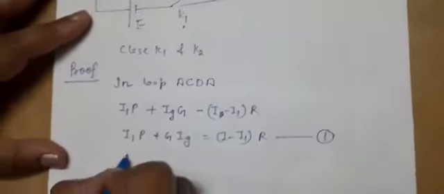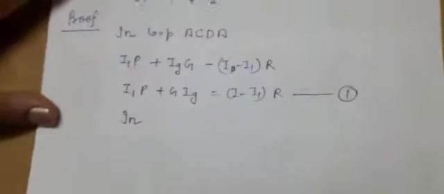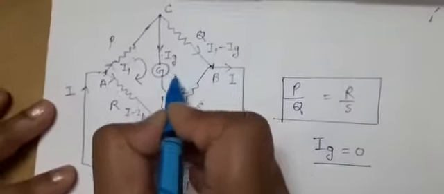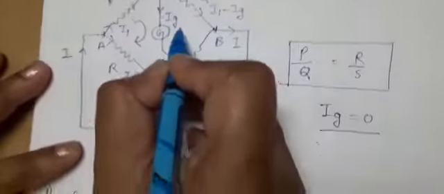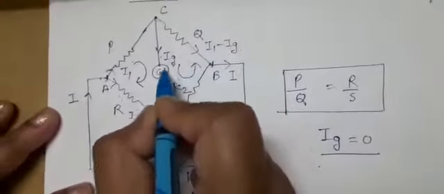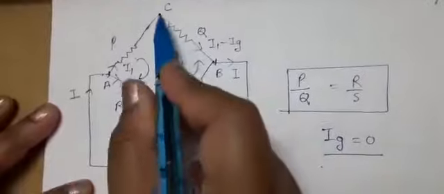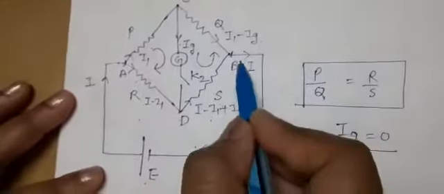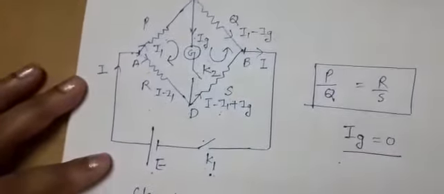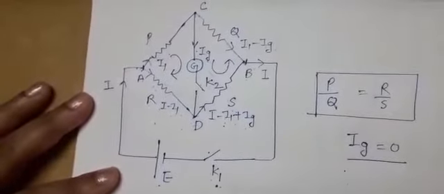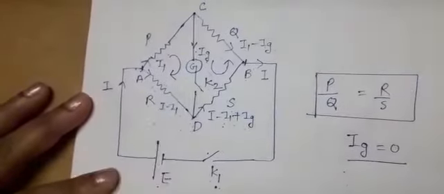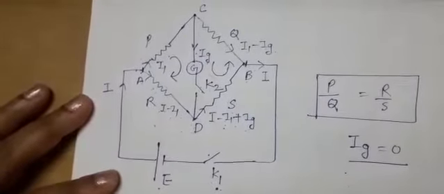Similarly, we will take the second loop. As per the figure, what should be the direction of the second loop? We can take the loop in this direction, anti-clockwise or clockwise, whatever you want. I am taking it in the direction C, D, B, C. So now in loop C, D, B, C, again we will find the potential drop across the resistances.